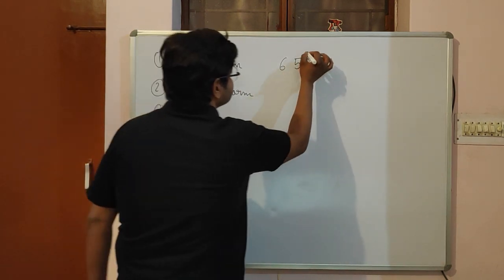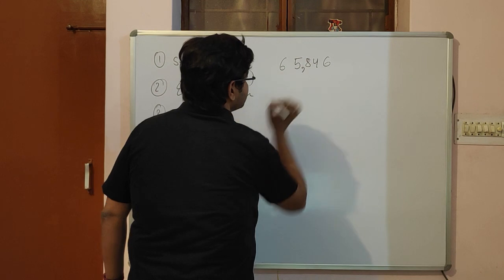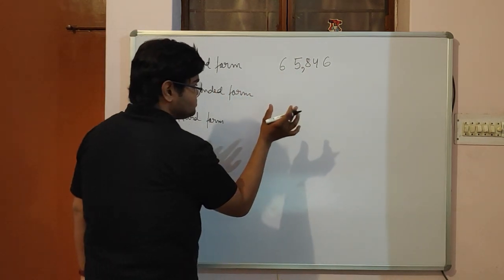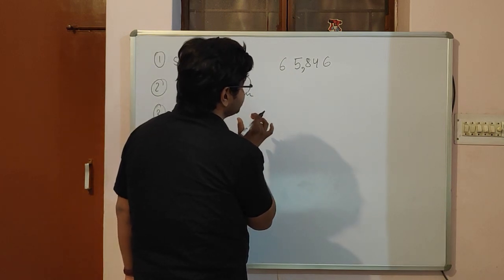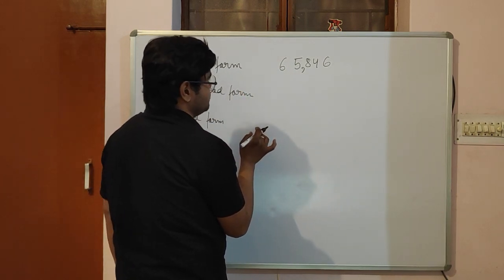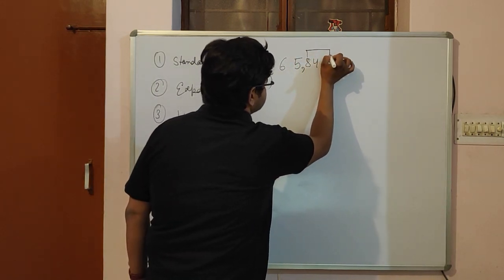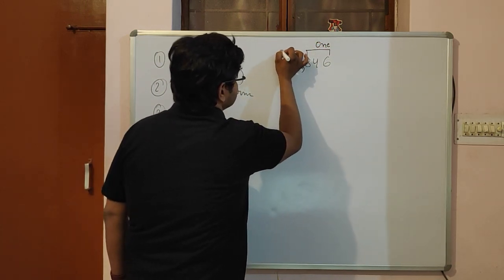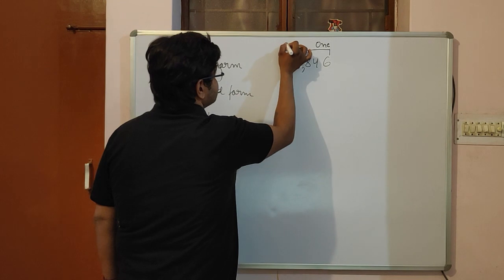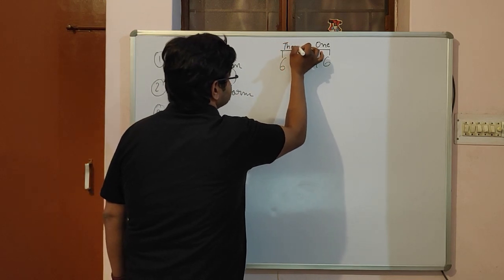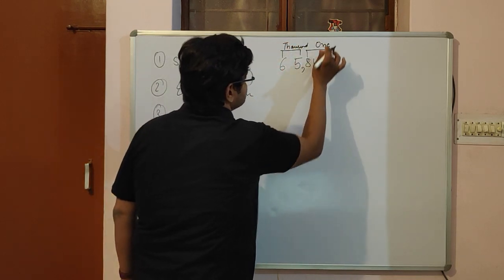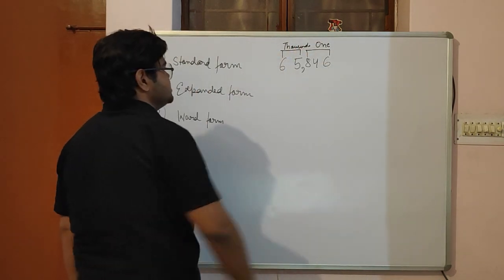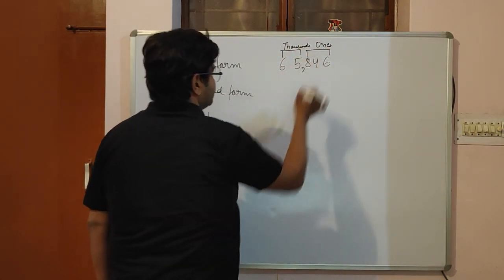And children, I will put a comma here, and we will use this comma to differentiate between the groups. This group of three digits is called ones, and this group is called thousands.